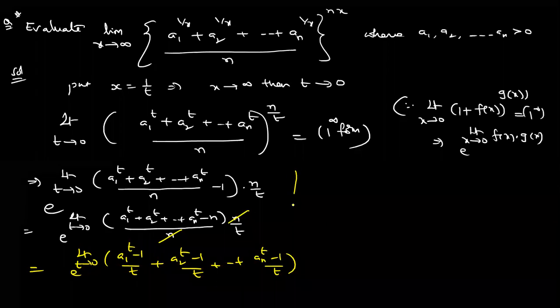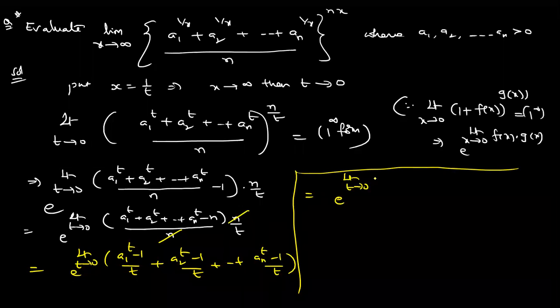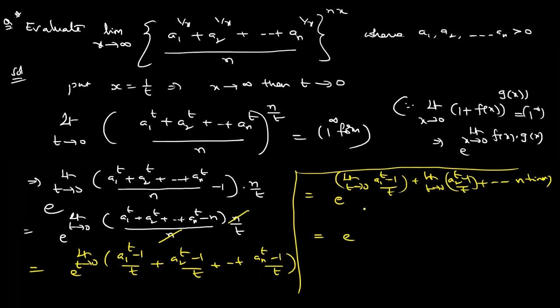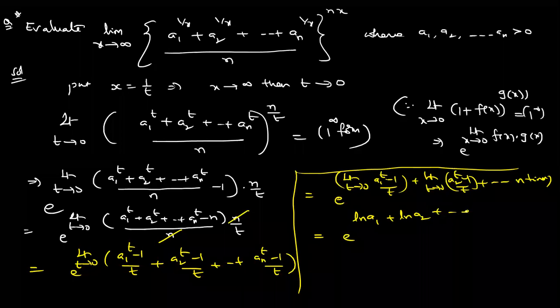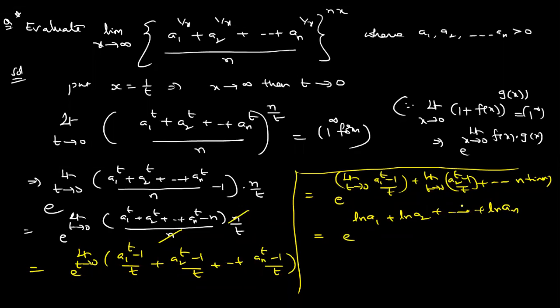So that is placed in our substitution. I'm writing, dear students, see here. Continuation: e power limit t tends to 0, (a1^t minus 1)/t plus (a2^t minus 1)/t and so on up to n times. That is e power (ln a1 + ln a2 + ... + ln an).